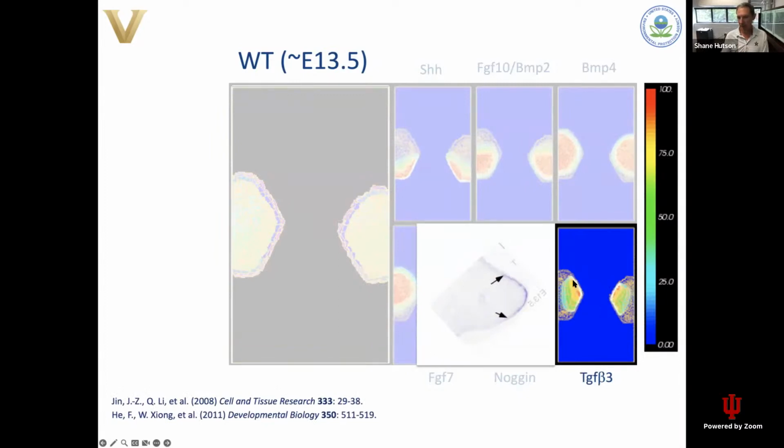And then TGF-beta is expressed in the medial part of the epithelium. And it diffuses out, right? Because it ends up impacting what happens in cells in the mesenchyme as well. So we've got approximately the right spatial distribution for all the chemicals of interest that we were tracking. And we've got approximately the right cell behaviors as a function of time.